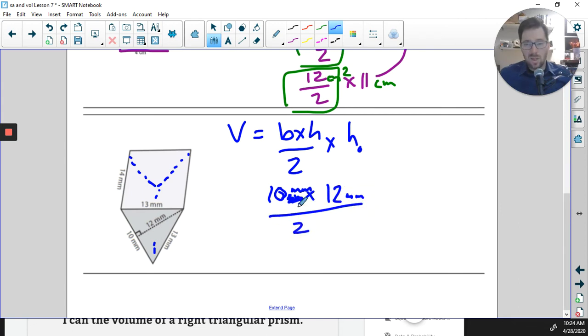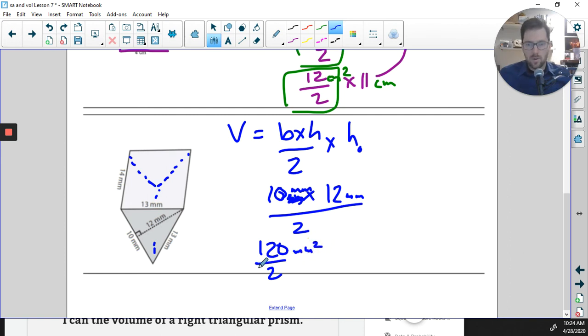I'm going to use the units here just to kind of reconfirm how we get to centimeters cubed. Okay, 10 times 12 is 120 divided by 2. Oh, 120 millimeters squared.